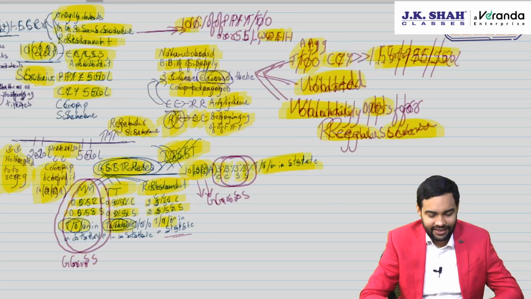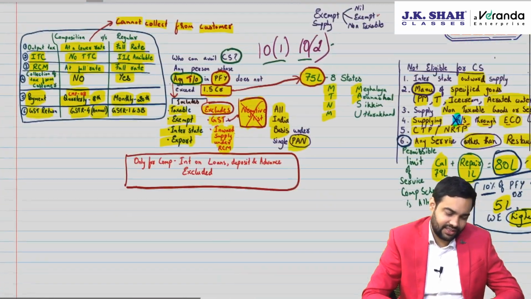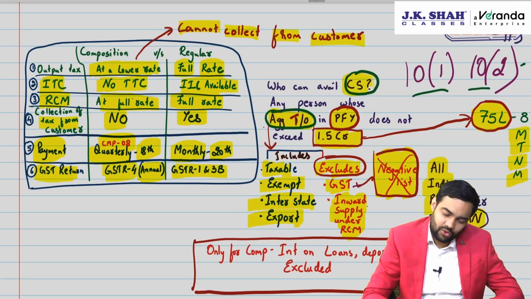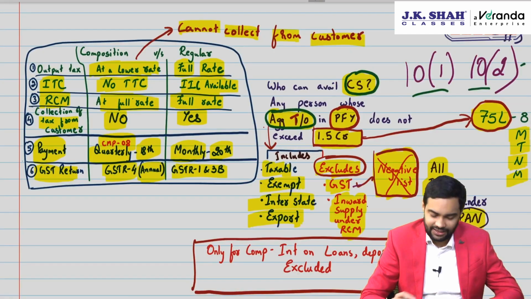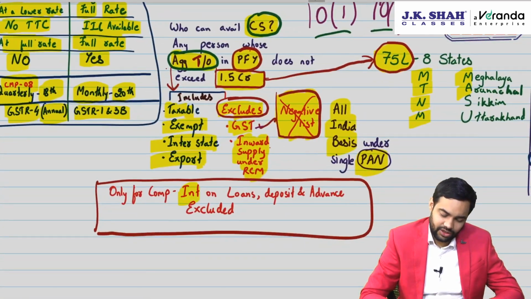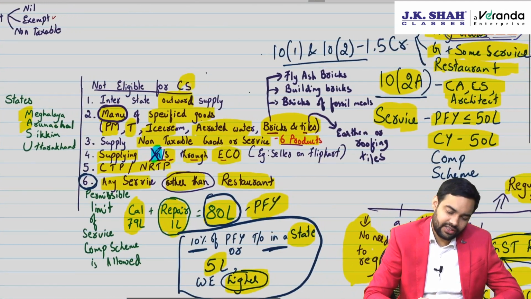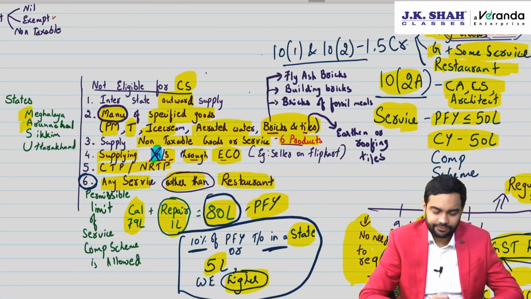So let's quickly have a look at what we studied. First, we saw the difference between composition and regular. Then we saw who can avail the composition scheme, the limit. Interest is a very important point. Then we saw persons who are not eligible for the composition scheme.